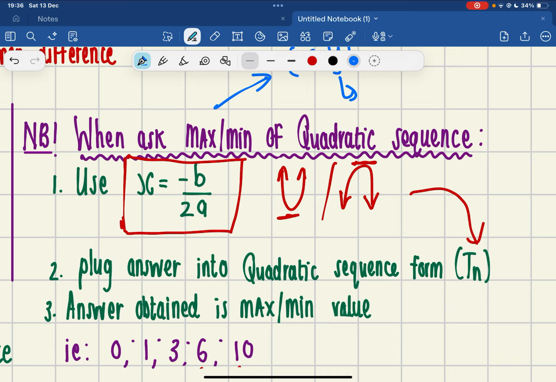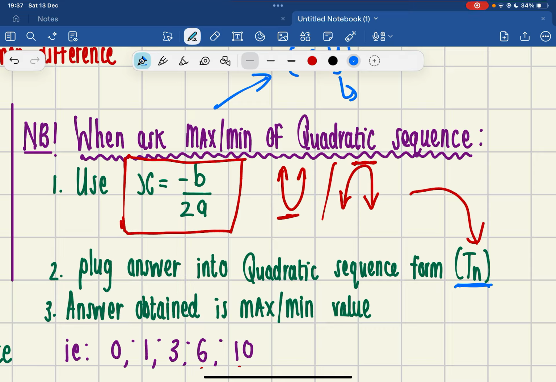Step 1: use x is equal to negative b over 2a. The value that you find here for x, you would plug into your quadratic sequence or your quadratic formula, that being t of n. Alright? And then the answer obtained from plugging it in is your maximum or minimum value.